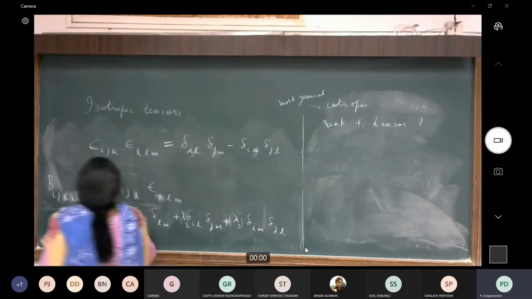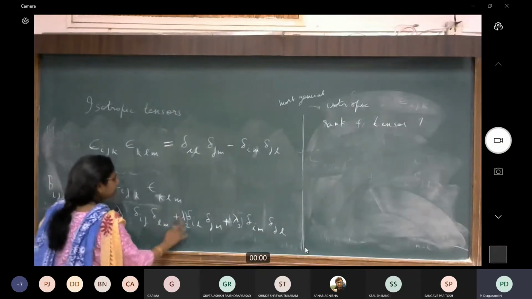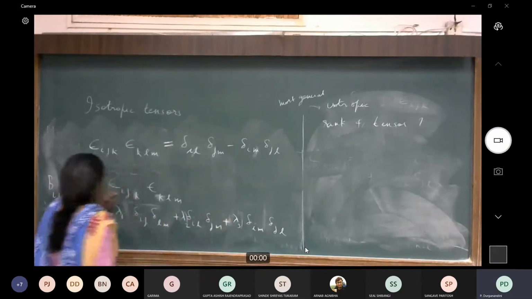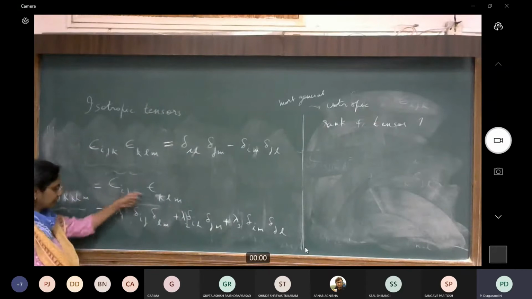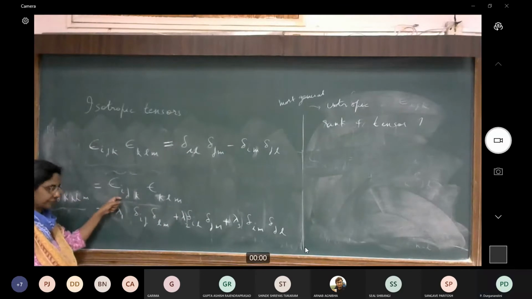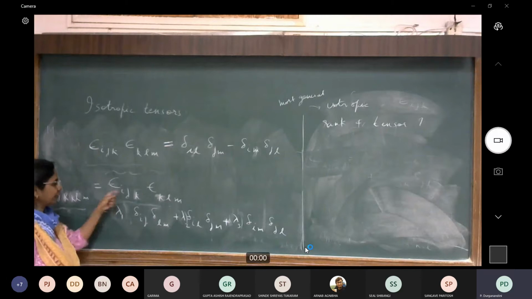Okay. Now what you can see is that this left hand side is going to be antisymmetric under exchange of i and j. Correct? Because epsilon is antisymmetric under exchange of i and j.